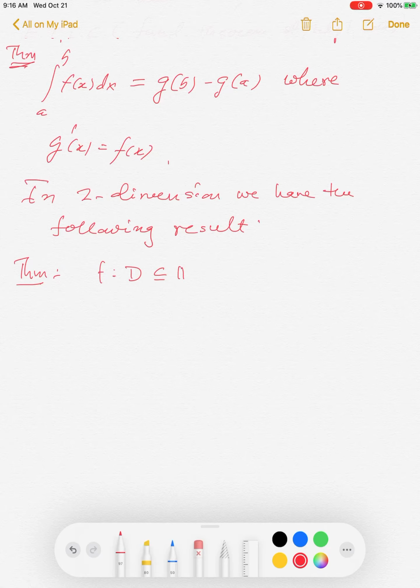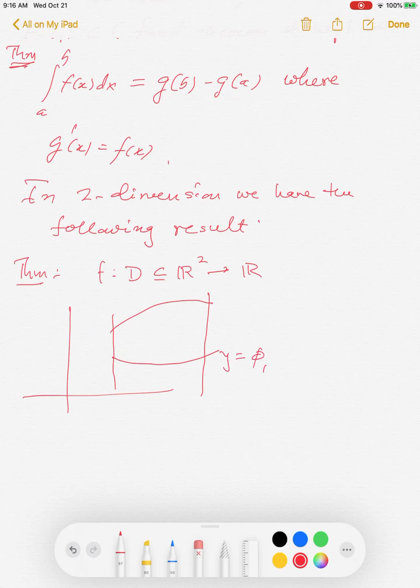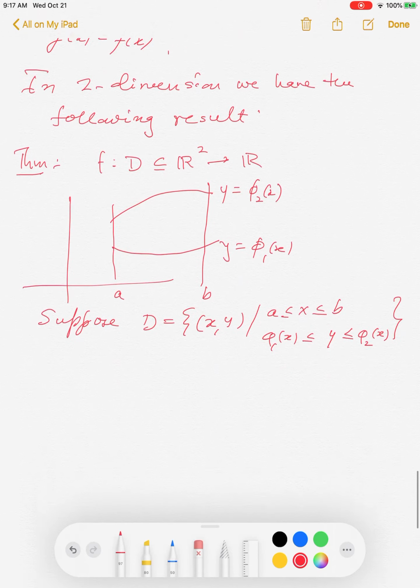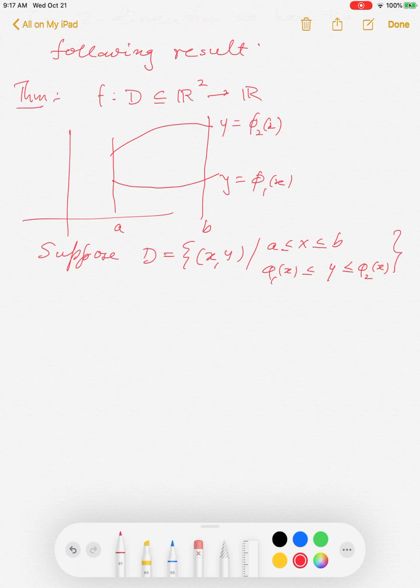Again, I'm taking a function f on a domain D in R2 to R. If the domain is nice, in the sense that it looks like the region trapped between two curves, y equals phi1(x) and y equals phi2(x), and x varies between a and b, so my domain is of the form all (x,y) such that x is between a and b and y is between two functions of x, where I'm assuming phi1 and phi2 are continuous, and let's assume f is also continuous.